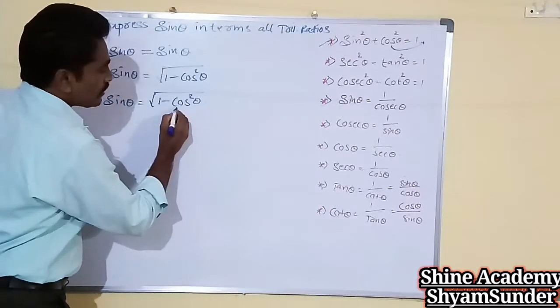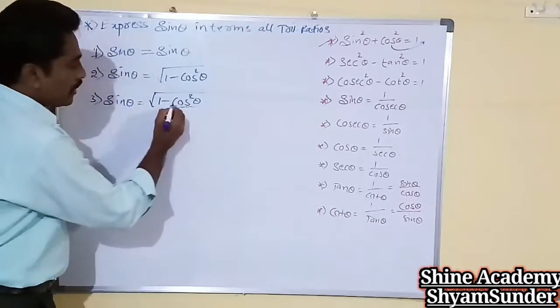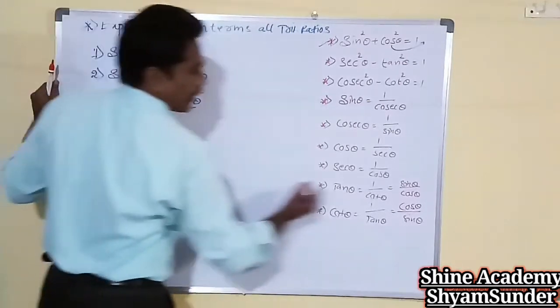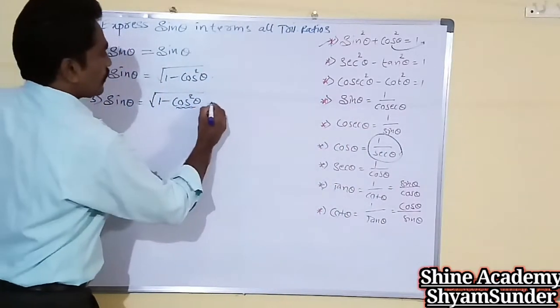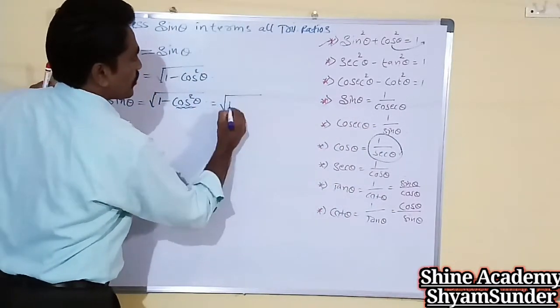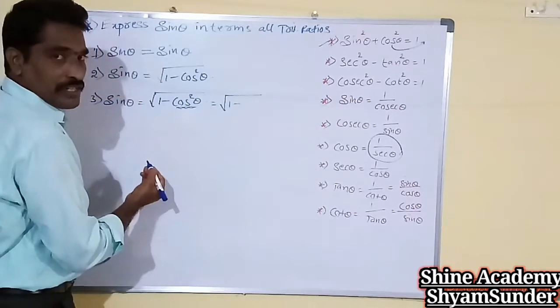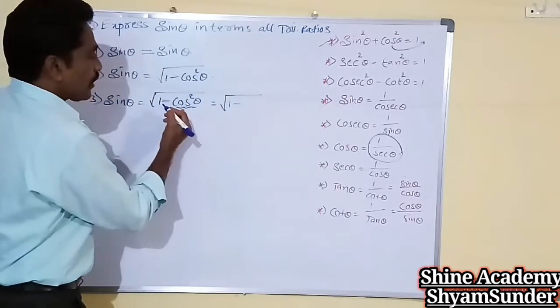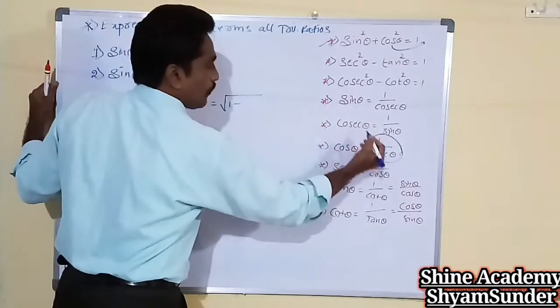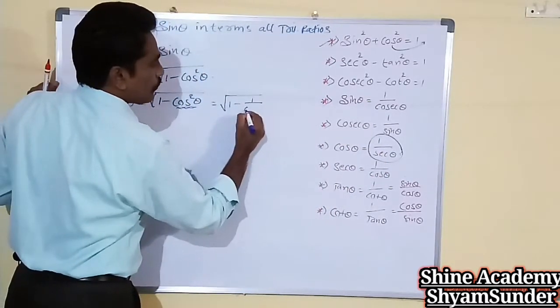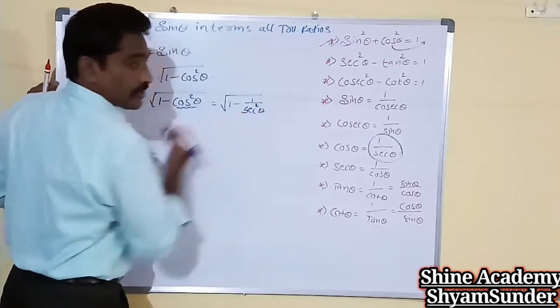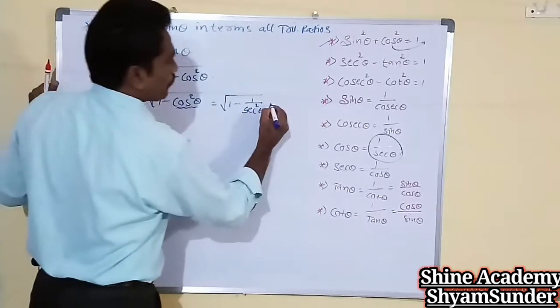In this cos square theta, we can replace cos theta with 1 by sec theta. Then the right side expression will be changed in terms of sec. Cos theta is equal to 1 by sec theta, so cos square theta is equal to 1 by sec square theta.